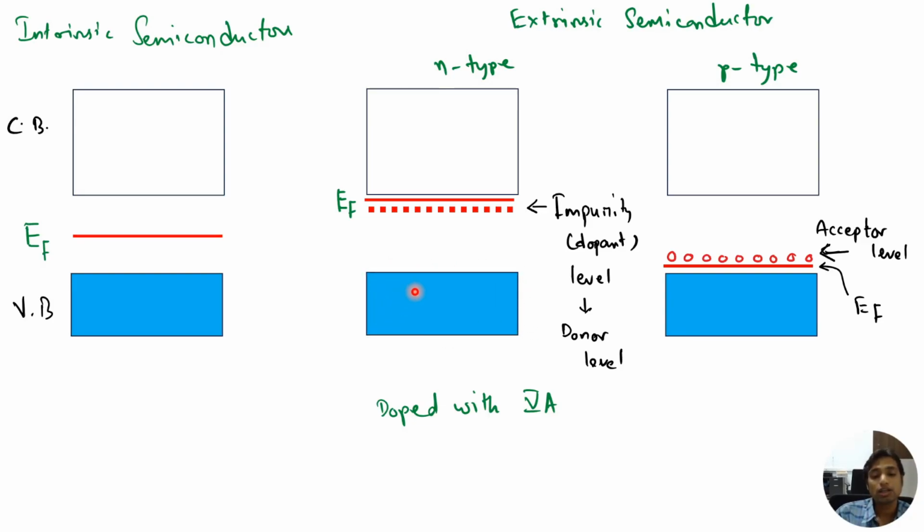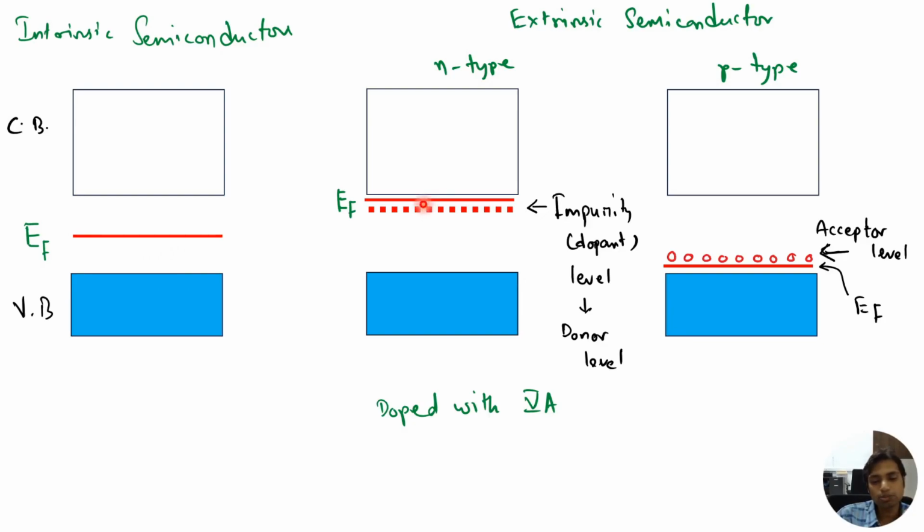Now the electrons from that n-type dopant will occupy this energy level, your topmost energy level. It is easy for these electrons to jump to the conduction band, rather than from the valence band to the conduction band.